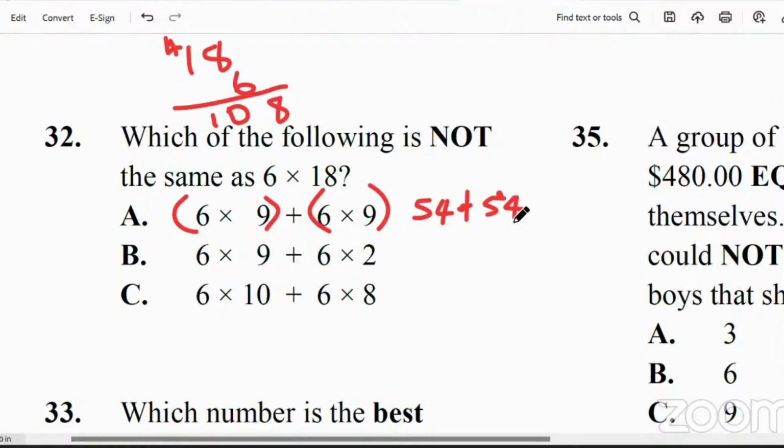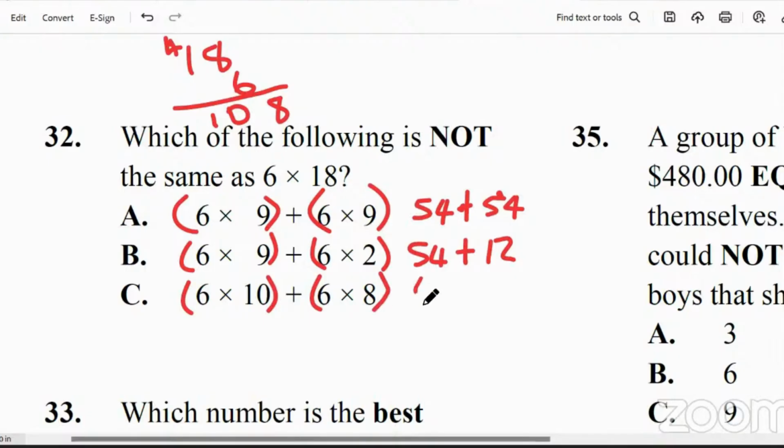That's 108 if you were to do the addition. Again, guys, you have to do the multiplication first before you do the addition. So 6 times 9 is 54 plus 6 times 2, that's 12, okay? Is that the same as 6 times 18?